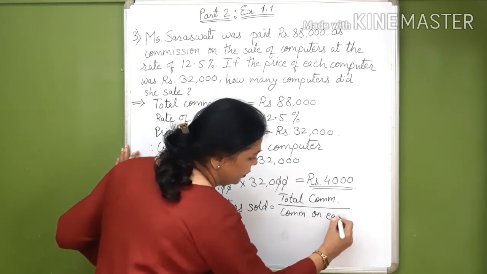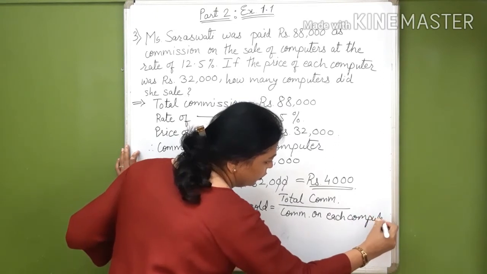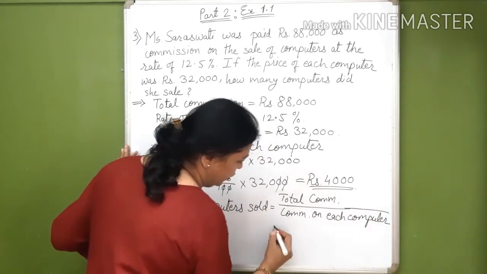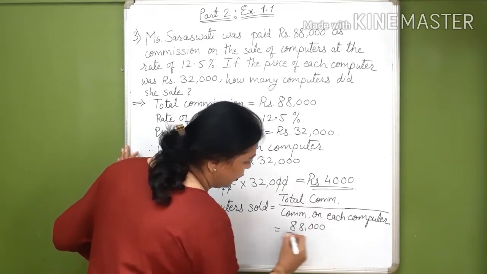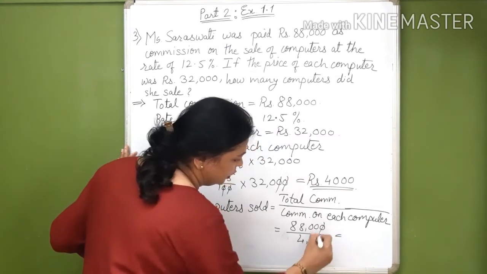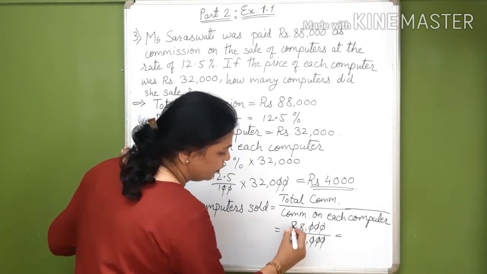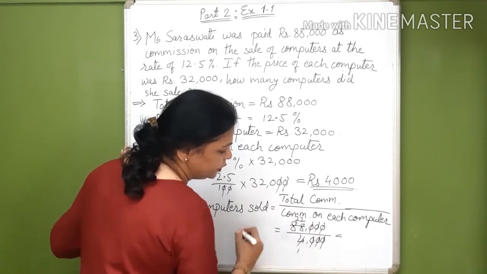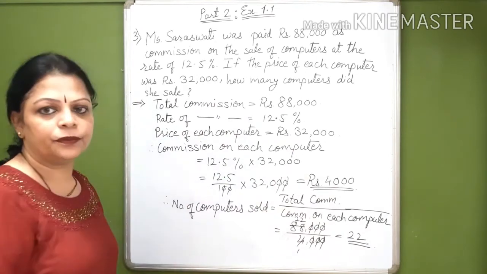So that is 88,000 upon 4,000. So these zeros go with these, 4 ones are 4, 4 twos are 8. So the answer is 22 computers.